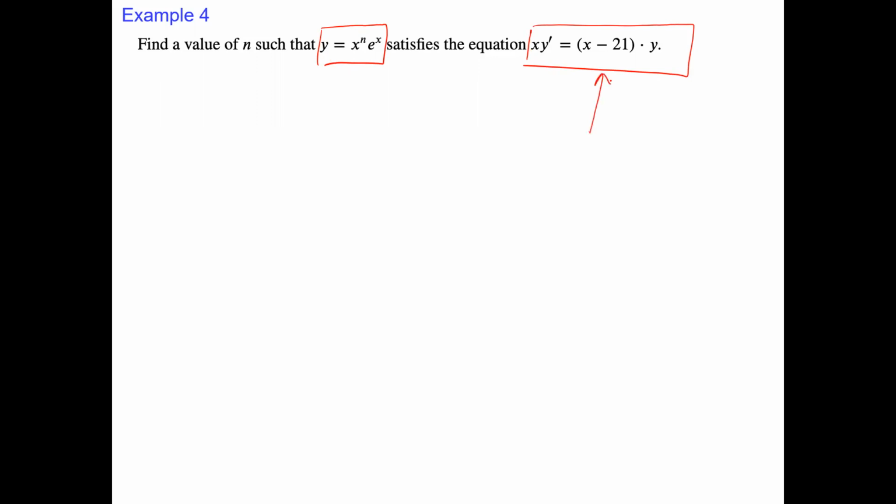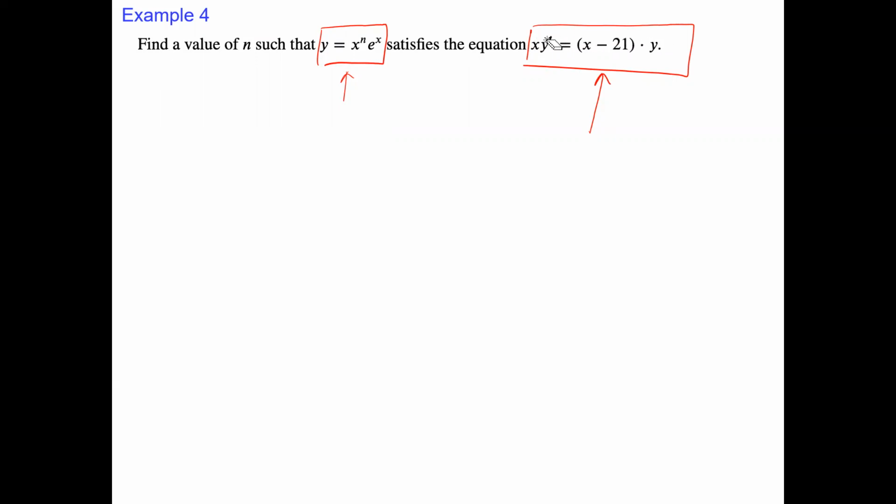This equation contains x, the independent variable, and also contains y and y prime. Y is a function, and if we do not know the formula, we say that this is an unknown function. I mean, this equation contains x, contains an unknown function at the moment, and its rate of change, the derivative.